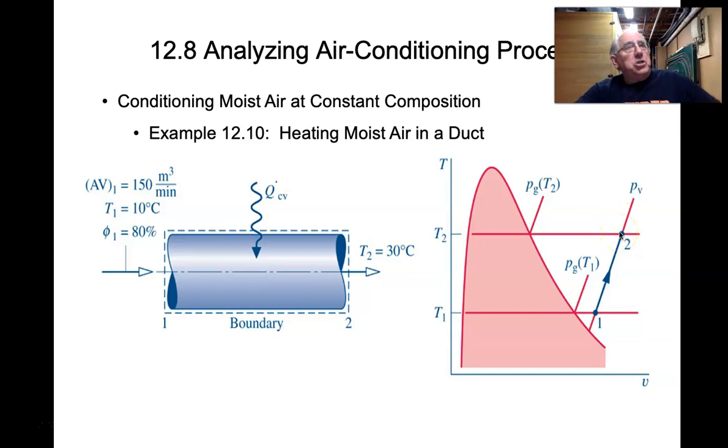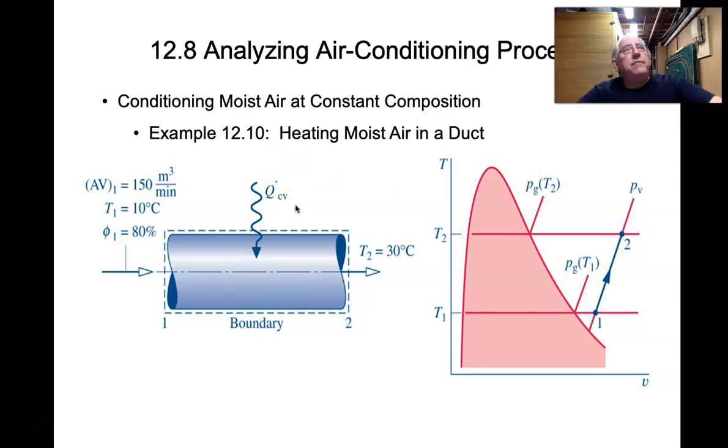From our psych chart, we should be able to obtain the enthalpy value for this point, and likewise for the initial point. The difference between the enthalpies is then related to the heat transfer.